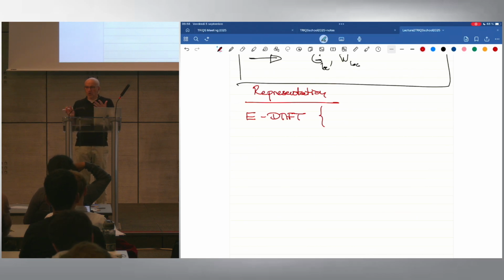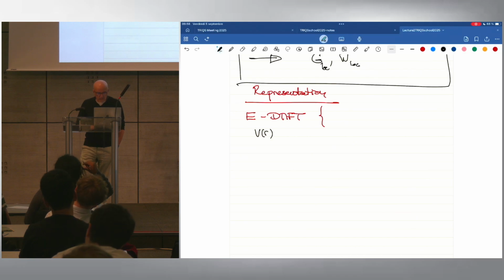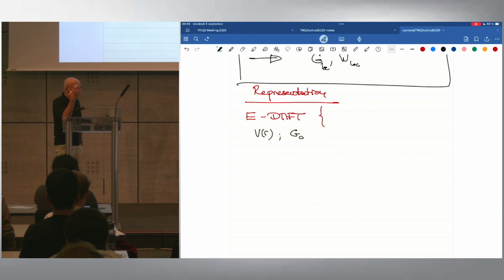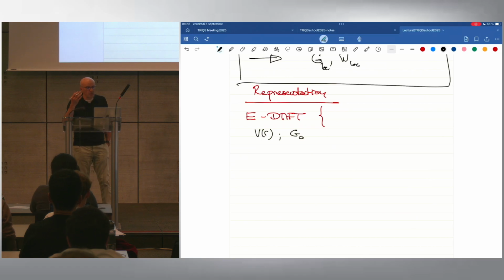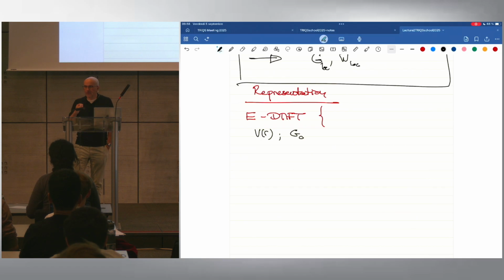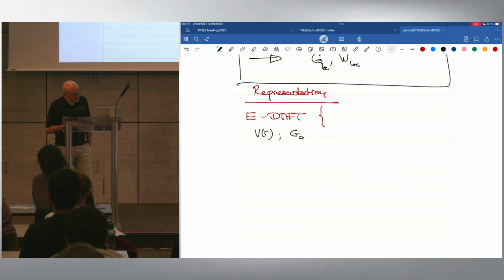Imagine we want to solve some model that has some long-range interaction V of R, right? And bare Green's function G naught. Then the EDMFT construction is to say that we're going to map this problem onto a quantum impurity problem which has a U of omega and a delta of omega.